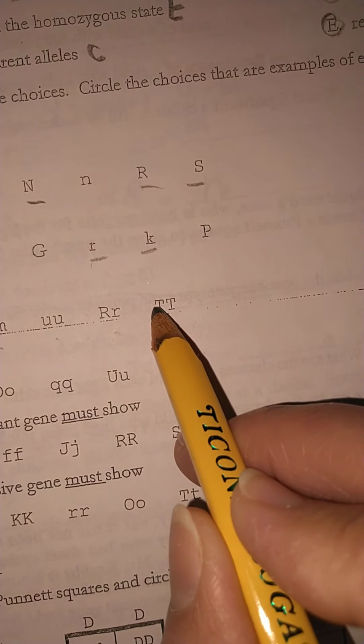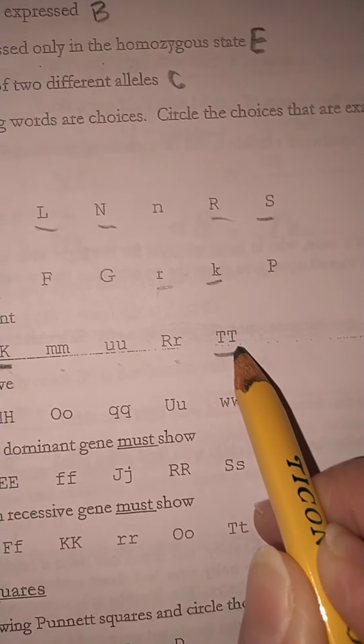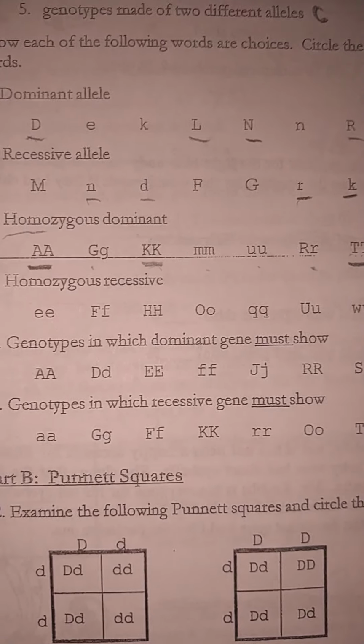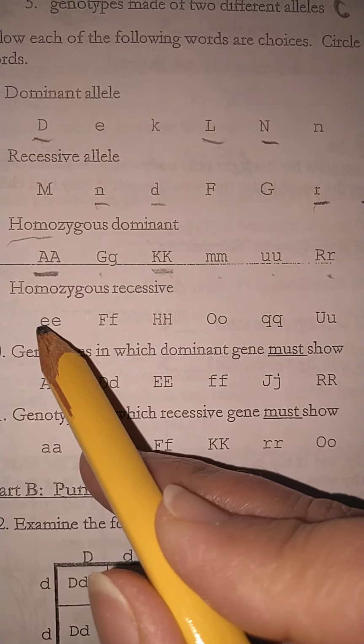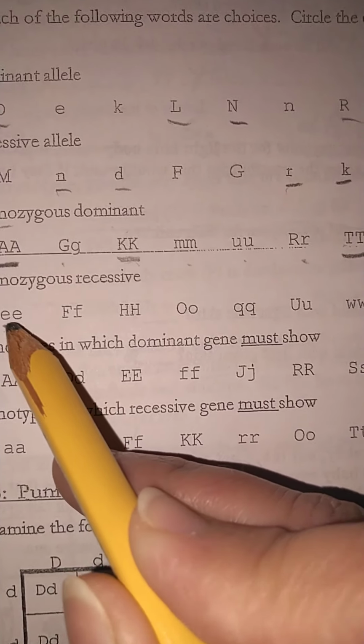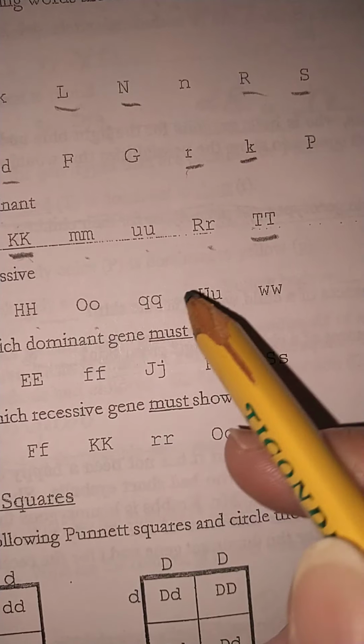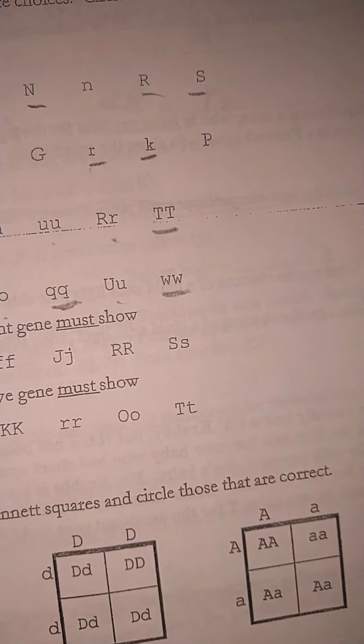They're different. Homozygous, both big letters, so that would be homozygous dominant. Homozygous recessive, 2 the same, but they're lowercase. So homozygous recessive, heterozygous, homozygous dominant, heterozygous, homozygous recessive, heterozygous, and homozygous recessive.